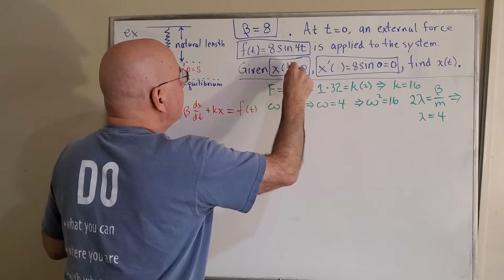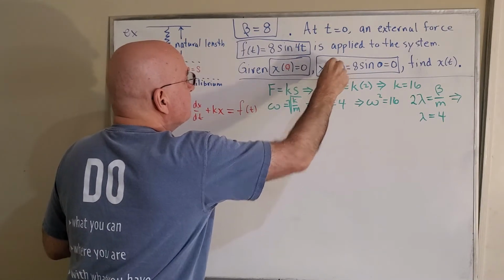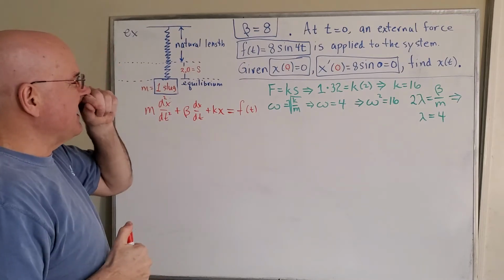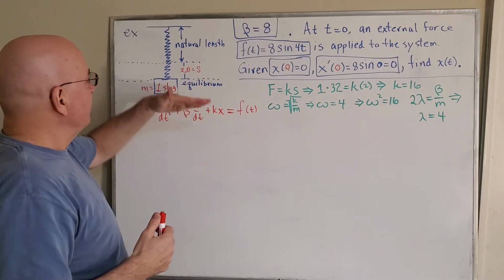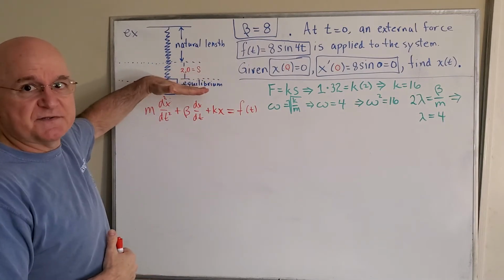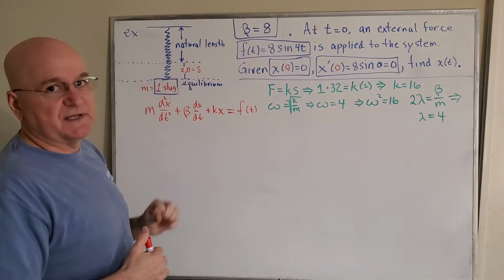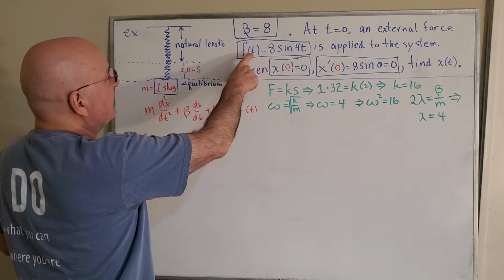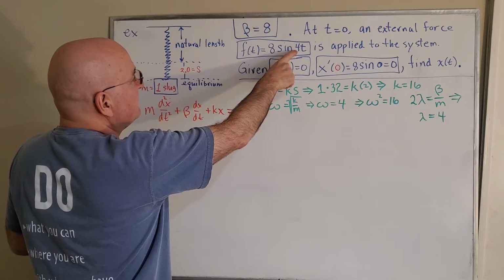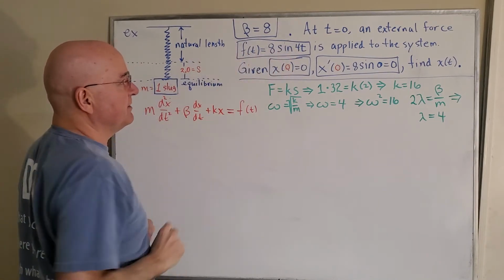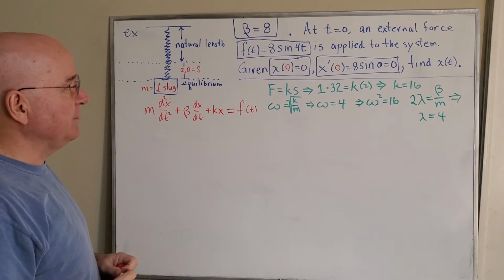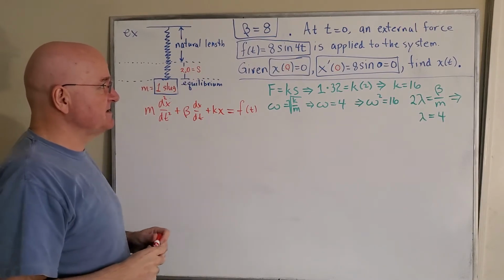These should both be 0, our initial values. So that's basically at rest, and then this external force is going to get applied to it, but you can see that at time 0, the force would be equal to 0, 8 times 0. And then we need to find the position function x of t.